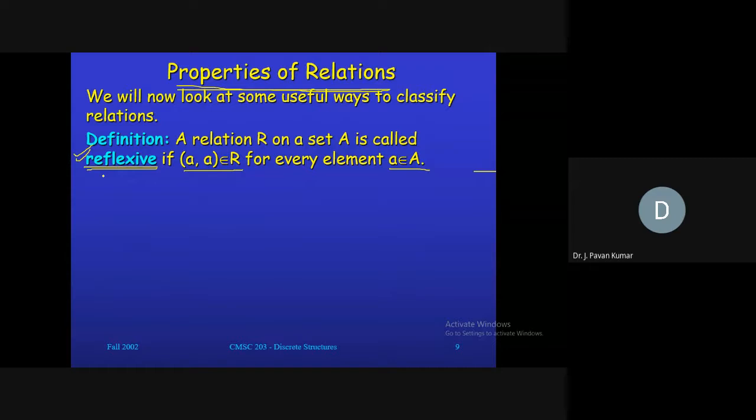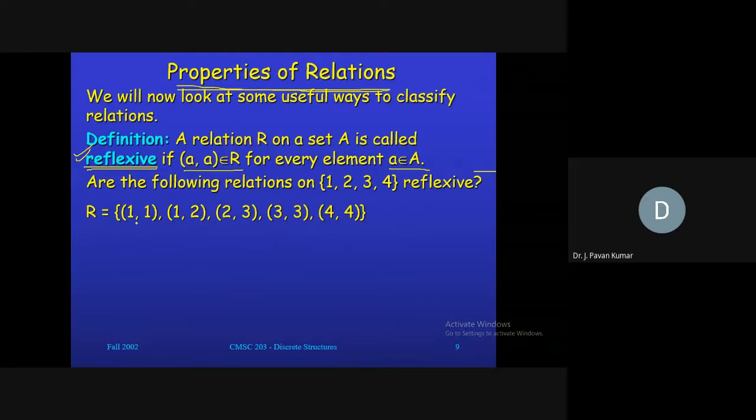That is the definition. Let us see an example. A is {1, 2, 3, 4}. Let us consider R equal to (1,1), (1,2), (2,3), (3,3), (4,4). Is this relation reflexive or not? How many elements are in the set? 4. So how many tuples of the form (a, a) should we have? 4 tuples. Are we having 4 here?